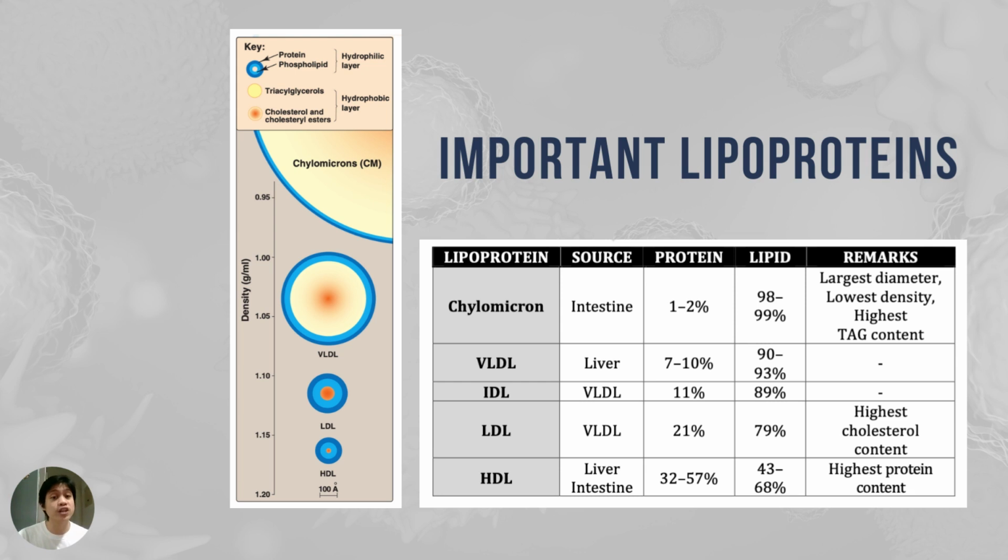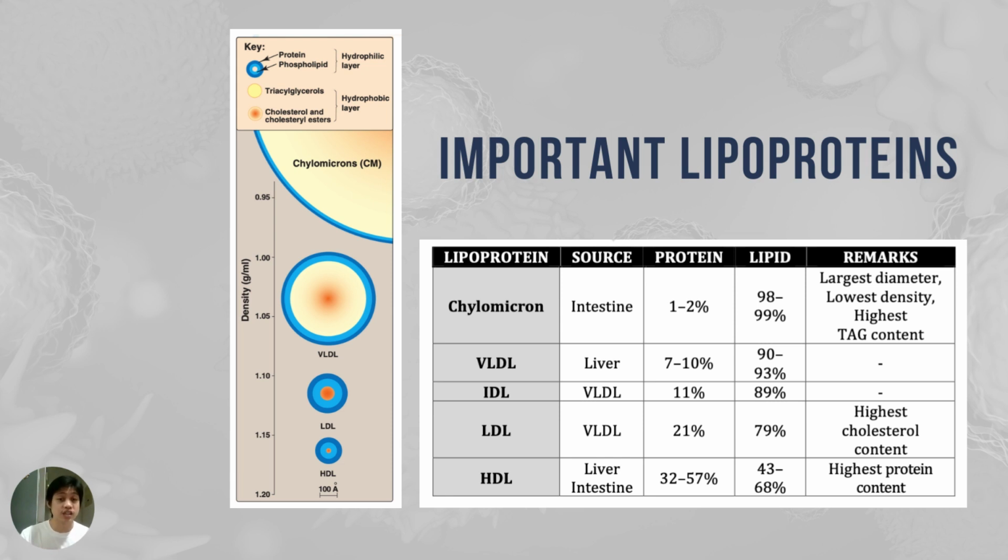We have very low density lipoprotein, and this is produced in the liver. The lipid component is a little bit lower, 93%. So this very low density lipoprotein circulates throughout the body, and the capillaries of the body continuously remove free fatty acids from VLDL. And so once these free fatty acids are removed, we form intermediate density lipoprotein.